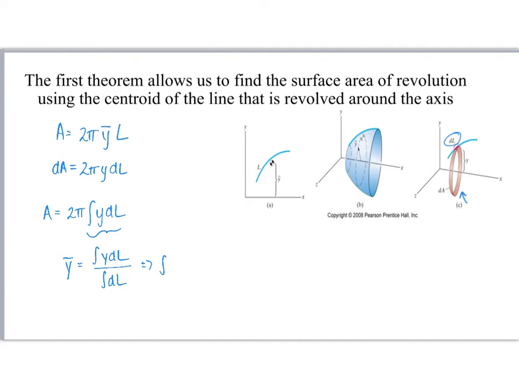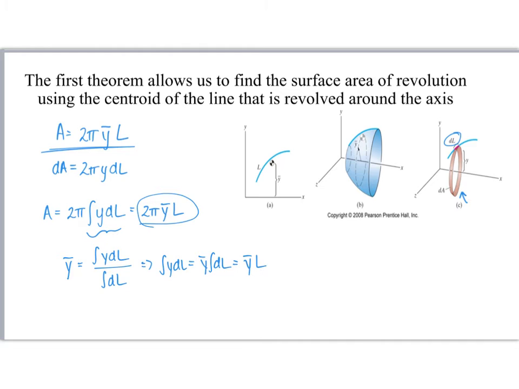So we could actually rearrange this and see that the integral of y dl could be written in terms of the centroid and the length of the line. And so we're going to do that substitution here, and then y centroid times the length, and there we go. We have the first theorem.